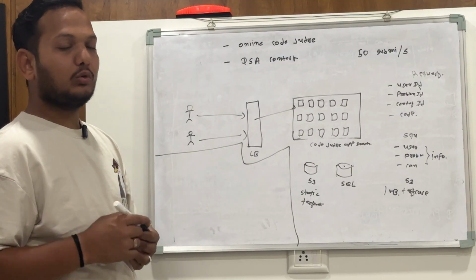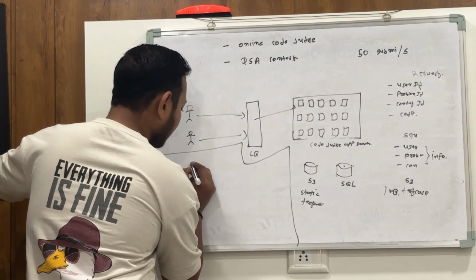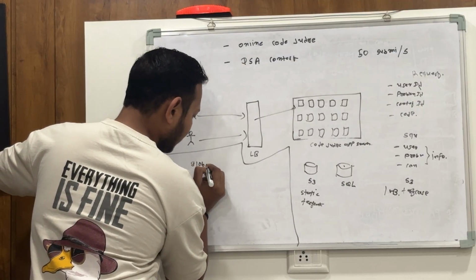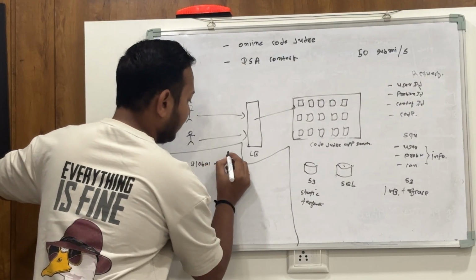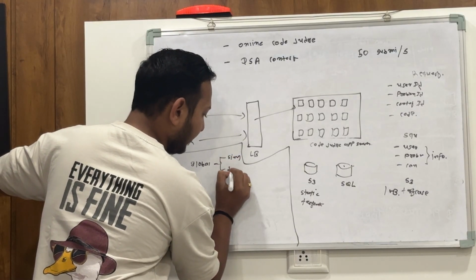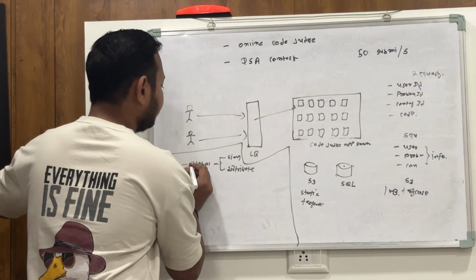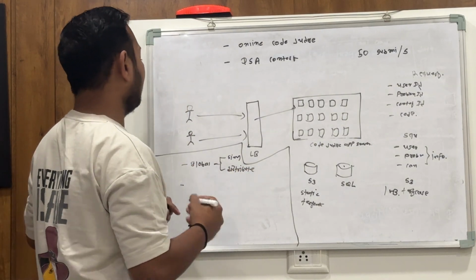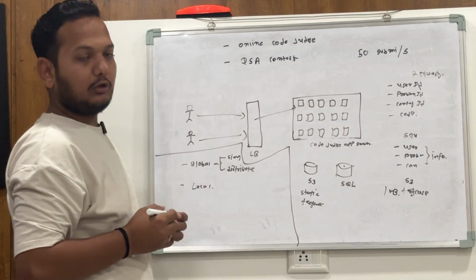There are two types of caches. One is global, and within global we have two types: single and distributed. And the other is the local cache.